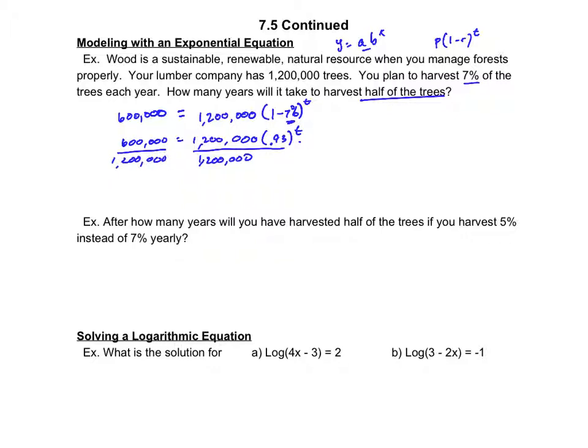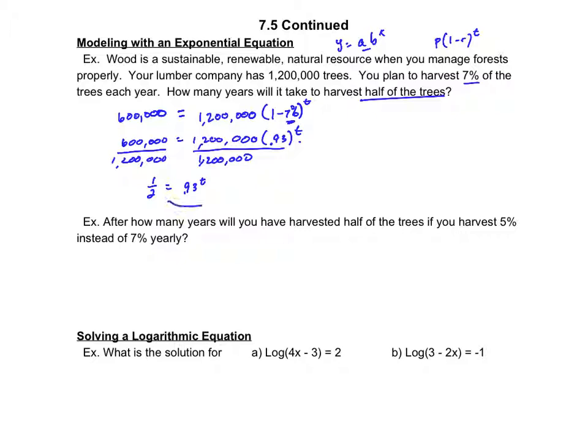And then therefore this simplifies to 1/2 is equal to 0.93 to the t. And now we are in a position where we can create that exponential equation by finding the log of both sides.